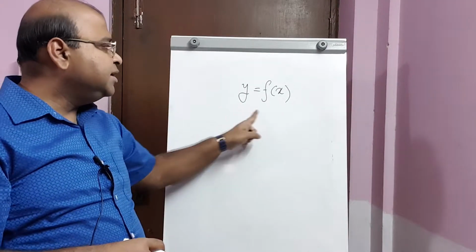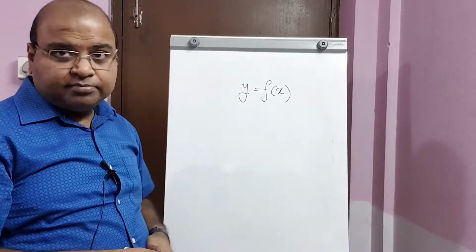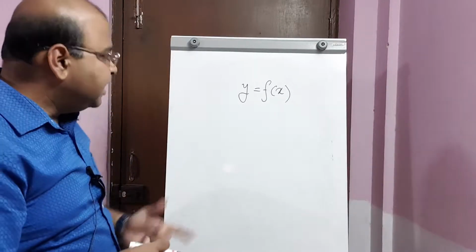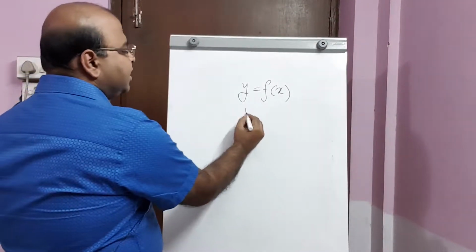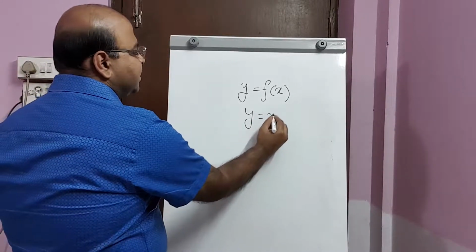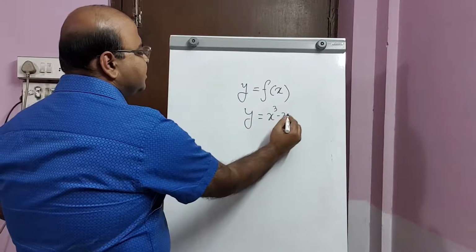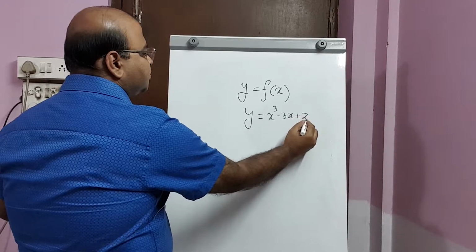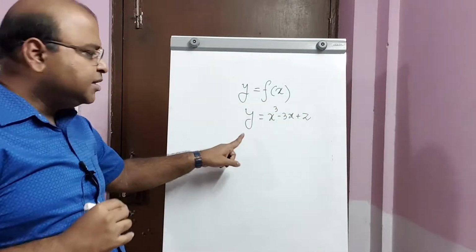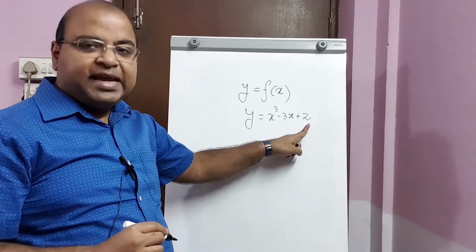Now what do we mean by such an expression, rate of change? To elaborate the concept, let us consider y as x cube minus 3x plus 2. So y is expressed explicitly in terms of the variable x.